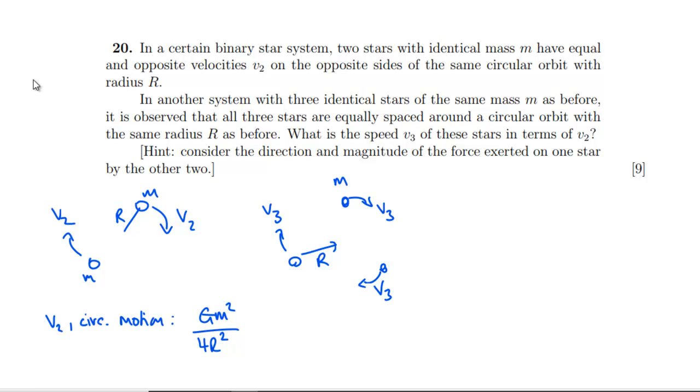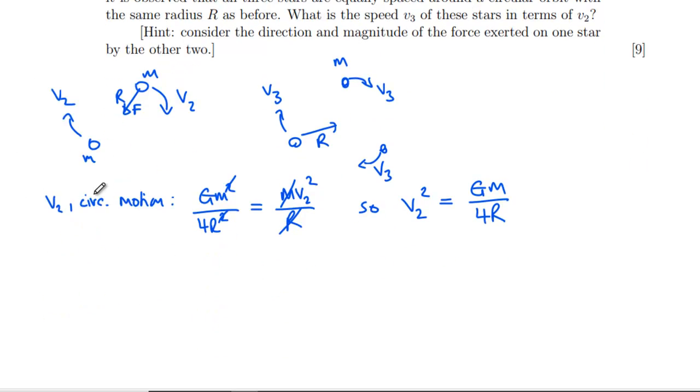That's our gravitational attraction, that F going towards the center, and that has got to be equal to m v2 squared over r. So v2 squared, we get rid of m's, we get rid of r's, is just going to be G m over 4r. Right, that's good. So let's scroll down.